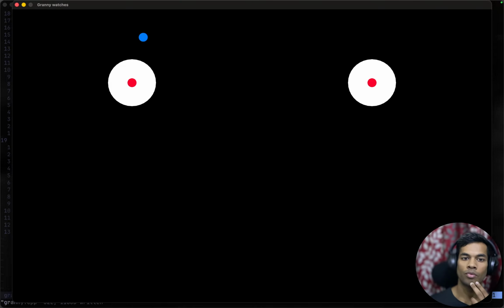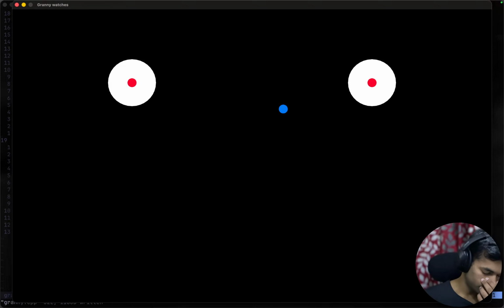First we will have to move this pupil in the direction of the ball, in the X direction, then in the Y direction, and the same with the other pupil. X and Y. But no, the direction.